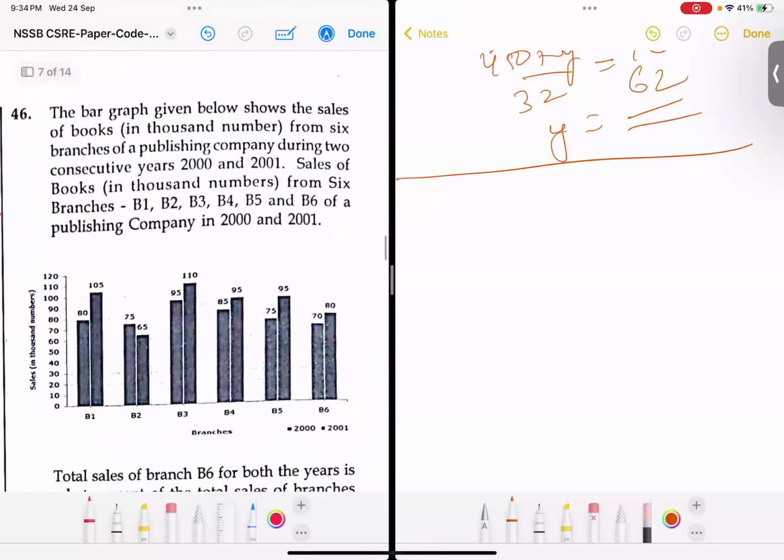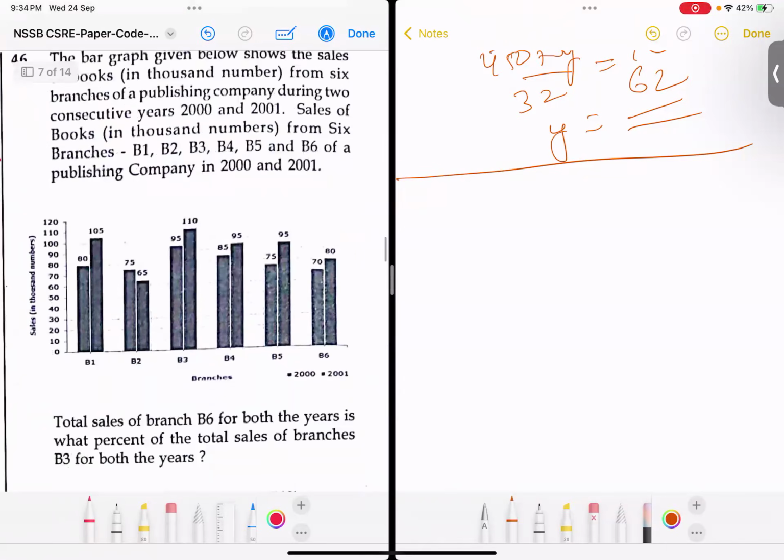Now let's come to question number 46. The bar graph given below shows the sales of books in thousand number from 6 branches of a publishing company during the 2 consecutive years, 2000 and 2001. Sales of books from 6 branches. Now, we have a company that sells books, okay? The publishing company that sells books. Now, it has 6 branches, okay?